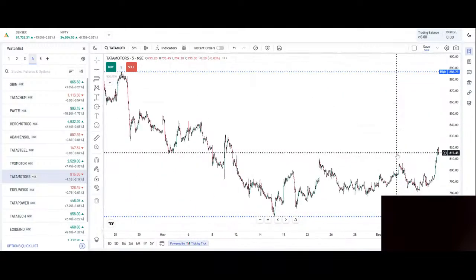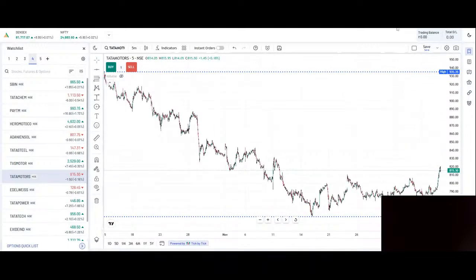But the trend of Tata Motors, I strongly feel, is still up. If somebody asks me what I see as the next target of Tata Motors, I feel it is going to go to 890. Next target would be 890.